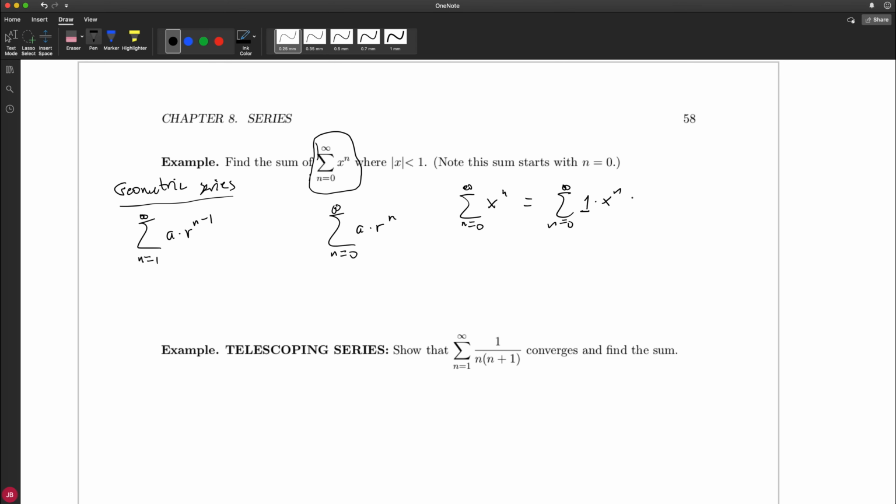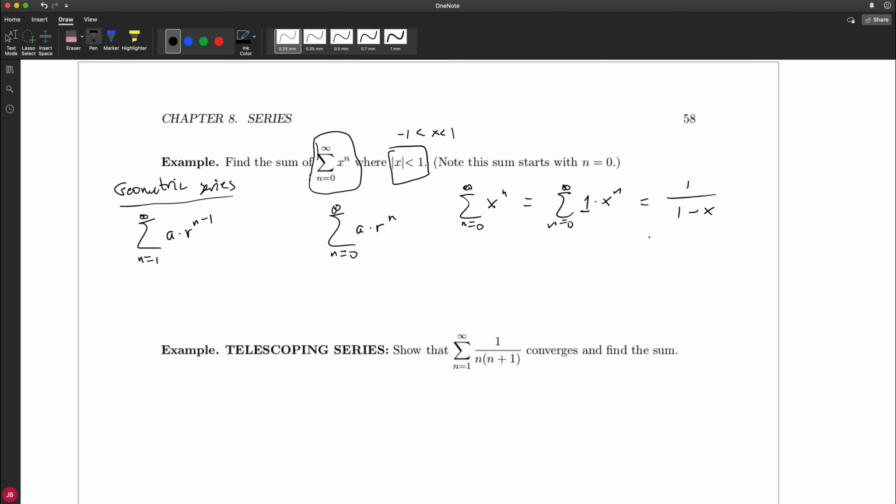And this right here, absolute value of x less than 1, that's just another way of saying that x is strictly between minus 1 and 1, right? If x is in this range, then its absolute value has to be less than 1 and vice versa. And so this is a over 1 minus r, and now r is just x, right?